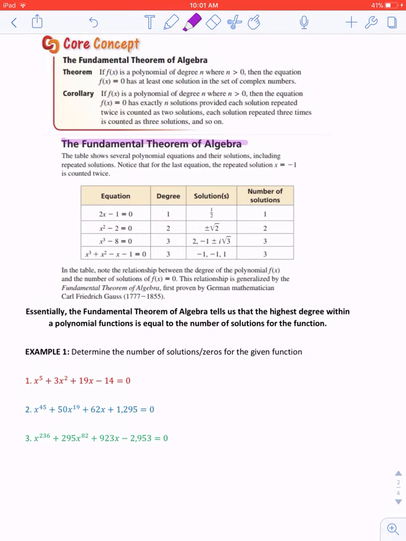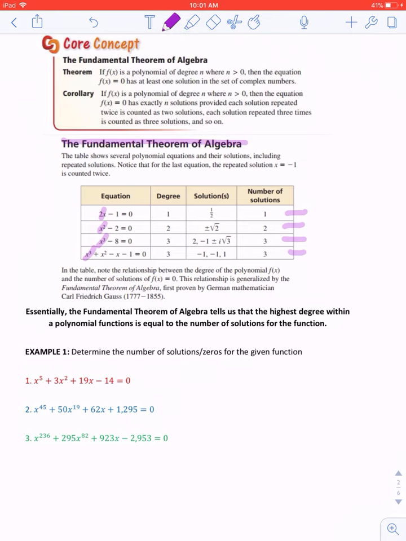If you have x to the first, you have one solution. If you have x squared, you have two solutions. If you have x cubed, you have 3 solutions. Even if it's x cubed and it's extended out, it still has 3 solutions.